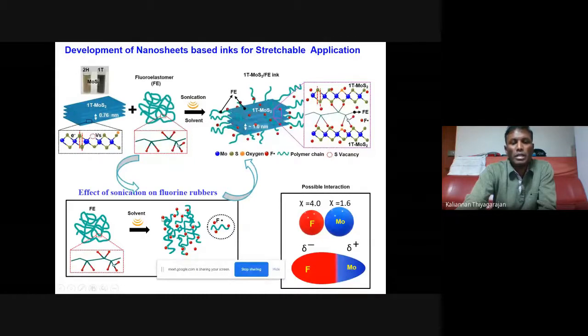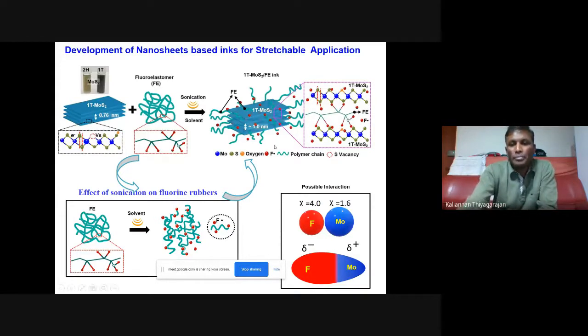The red color indicates fluorine. Fluorine is the most electronegative atom in the periodic table, so it can easily interact with other electronegative material. It won't bond like a covalent or ionic bond, but it will interact electrostatically. It pulls the material towards its side.